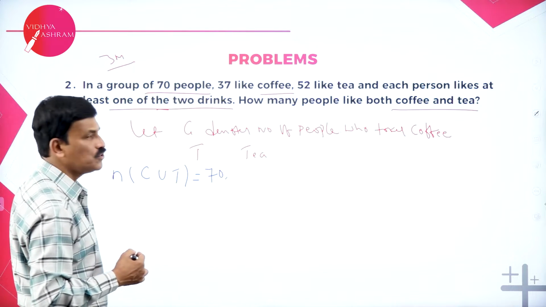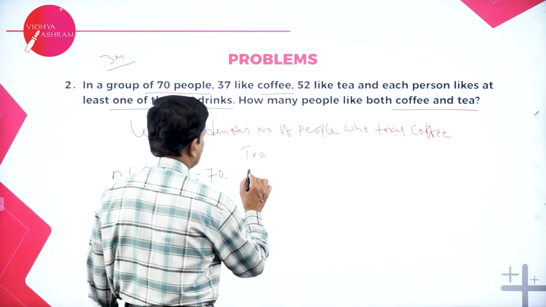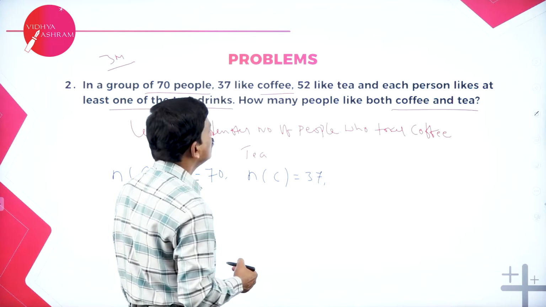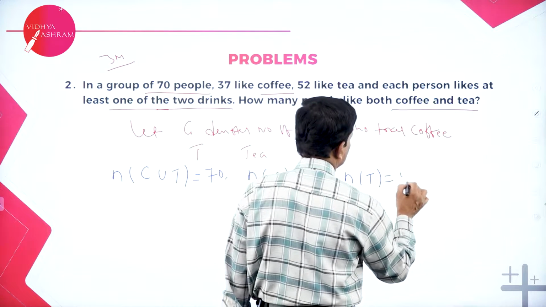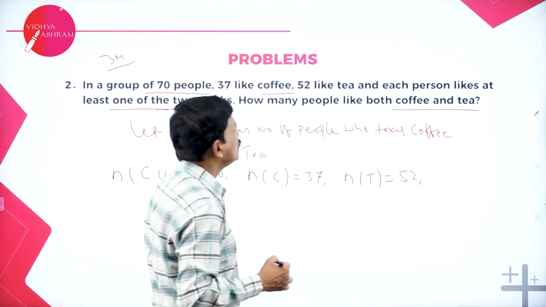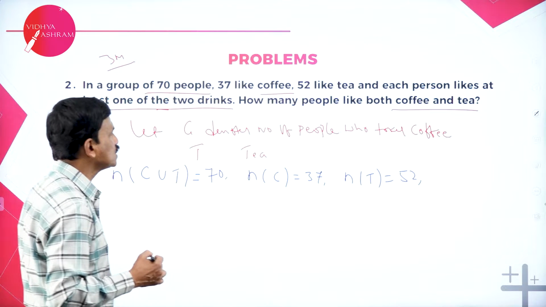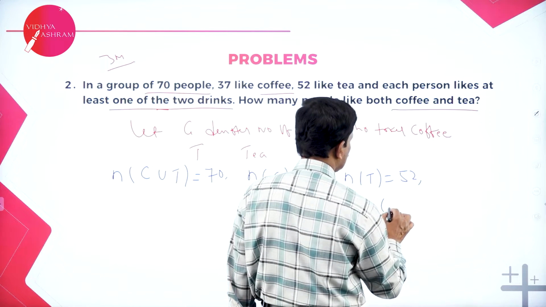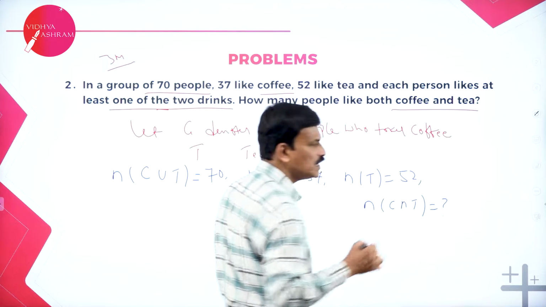And 37 like coffee, that means N of C is 37, and 52 like tea, N of T is equal to 52, and each person likes at least one of the two drinks. How many people like both coffee and tea? Both coffee and tea means N of C intersection T, which is to be determined.